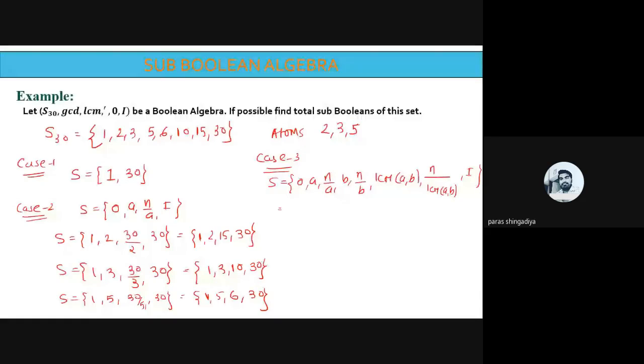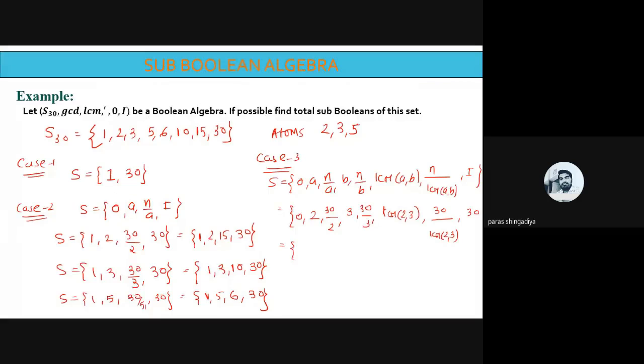So consider any values as a and b from the data. 2, 3 and 5, we have 3 choices. So let us consider 2 and 3. So 0, a equal to 2, n by a means 30 by 2, then b equal to 3, n by b means 30 by 3, and then LCM of 2 and 3.